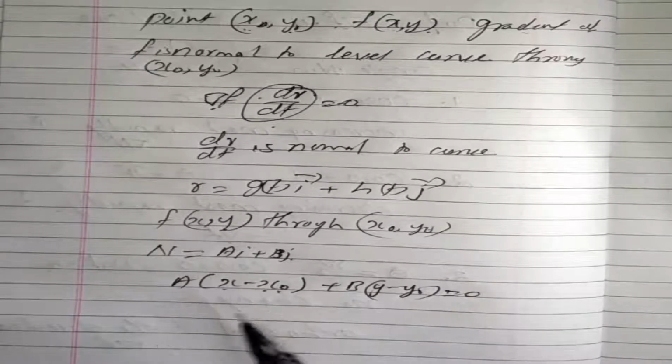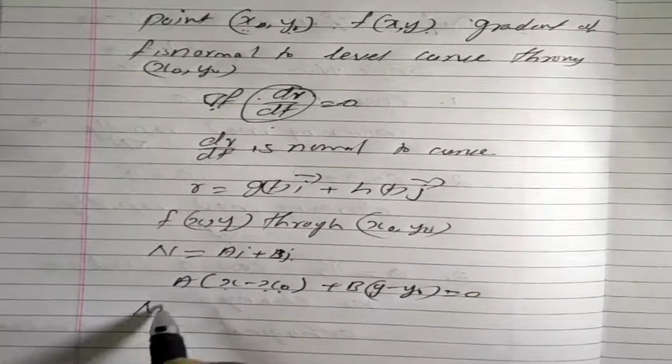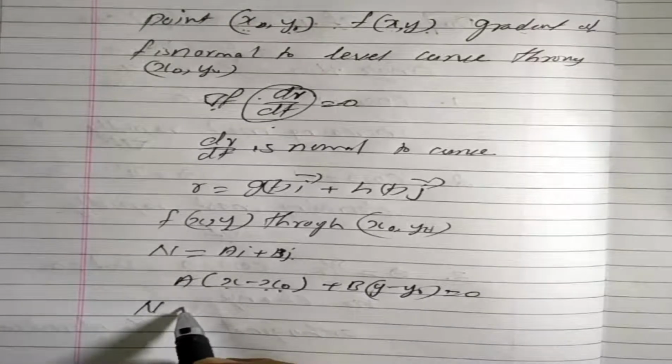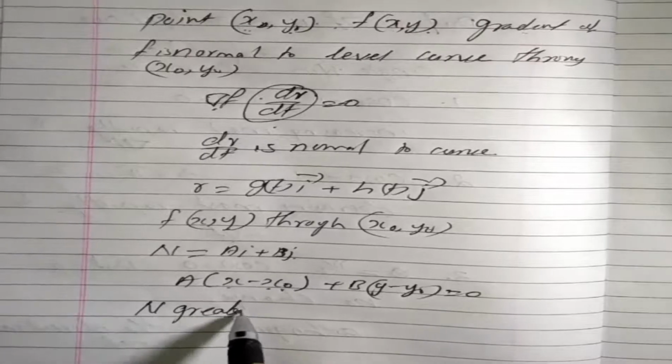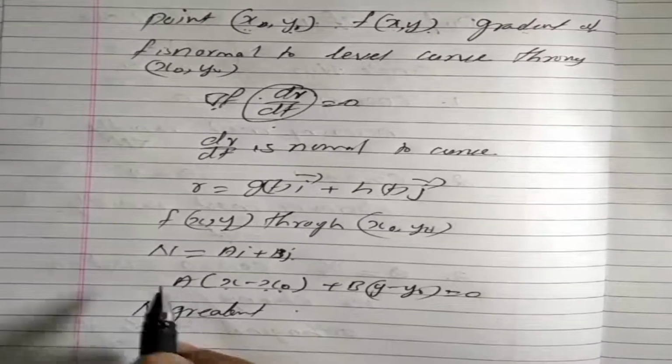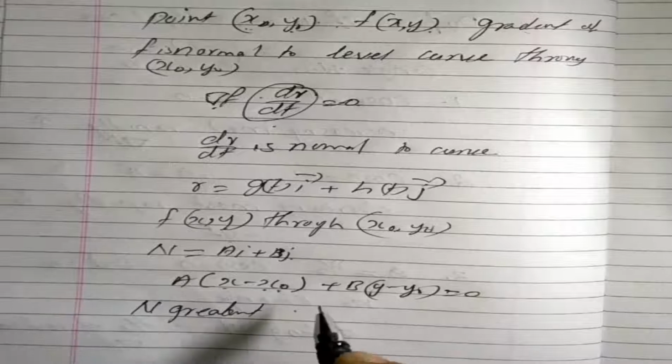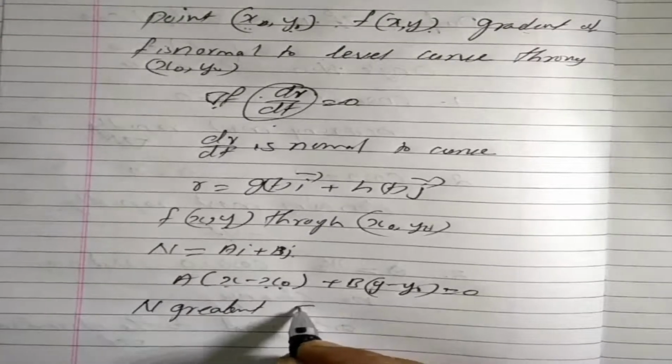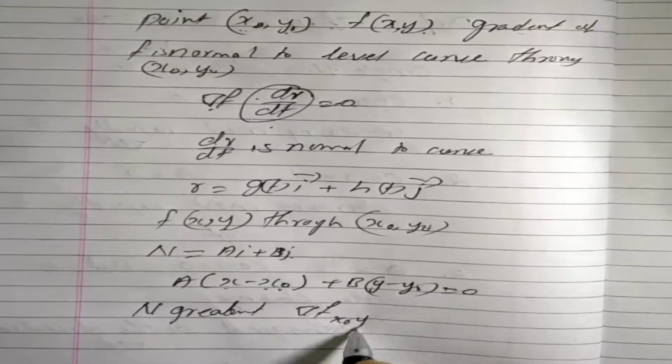Now take the normal n as the gradient vector at the point x naught y naught, the gradient of f at x naught y naught.